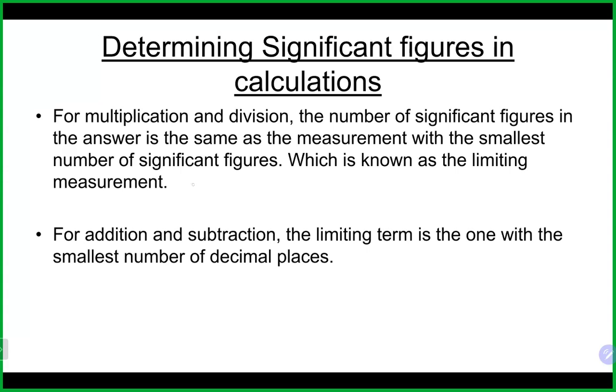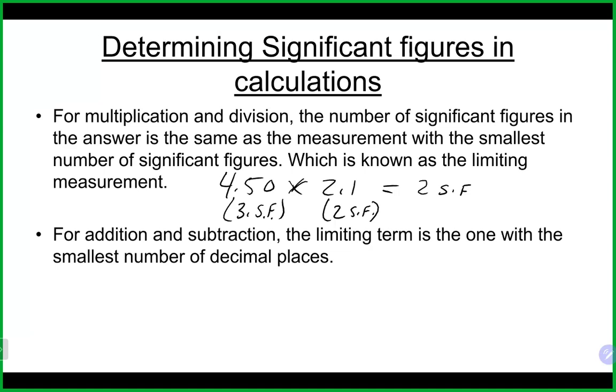So if we had something like 4.50 times 2.1, here we are multiplying. So we're going to look at sig figs. This would be 3 significant figures. This would be 2 significant figures. And that means that my answer should have 2 significant figures, again based on the least number of significant figures when you do a calculation.